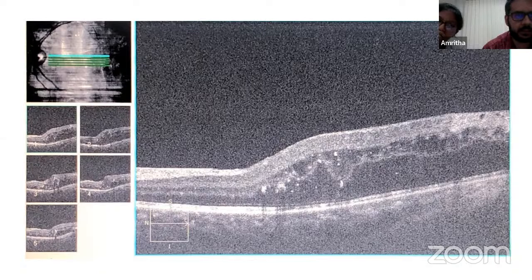There can be a portion of retinal detachment towards the periphery, associated with cystoid and cystic changes in the intraretinal layer. But visual prognosis in such a patient can be decent enough because the outer retinal layer is intact.